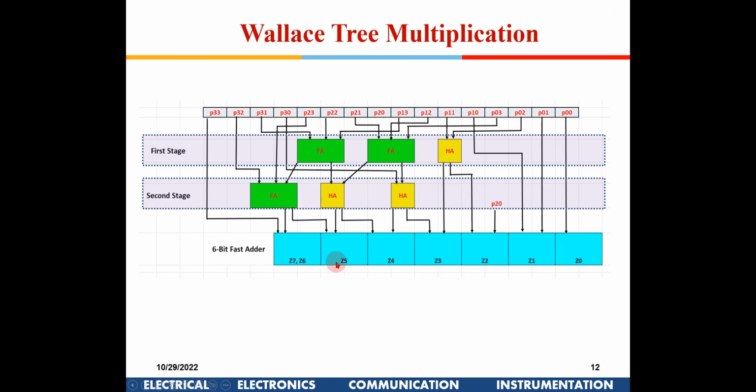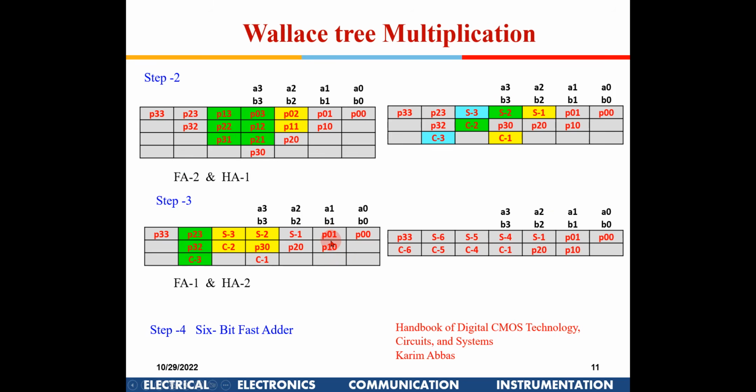Because ultimately we are going to use a fast adder which can take care of 2 inputs. So wherever there are 2, we are leaving it as it is. Here also there is only a 2. If I use a full adder, that will combine this also, but I require 2 inputs finally. So I just combine these 2.